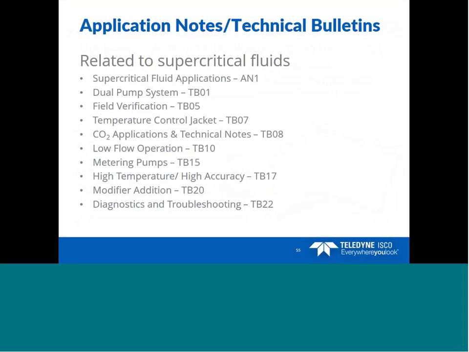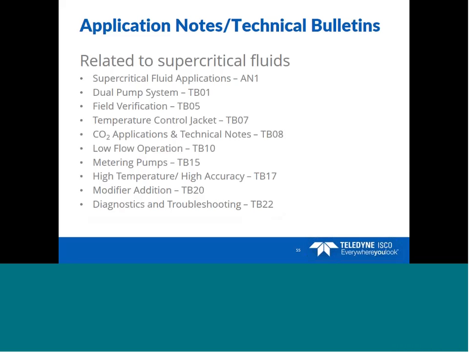We have a number of application notes and technical bulletins related to supercritical fluids. We have a number on supercritical fluid applications. We have how to operate a dual pump system and properly set it up. Field verification procedure for pressure, flow rates, and leak checking. We have a temperature control jacket, how to set up and operate. We have one specifically on CO2 applications and technical bulletins and tips on operation. Low flow rate operation.